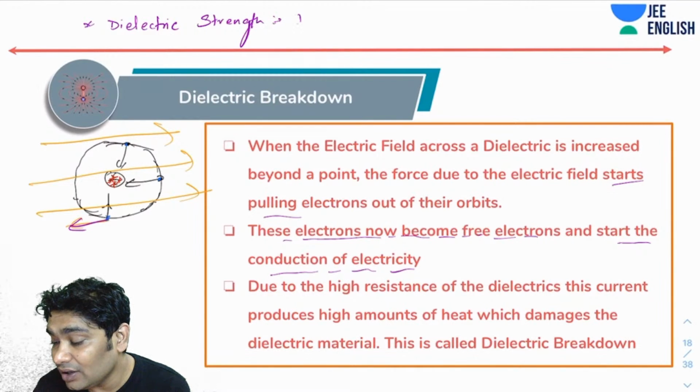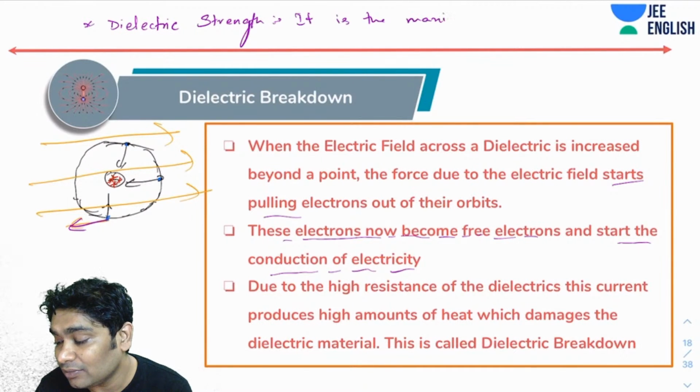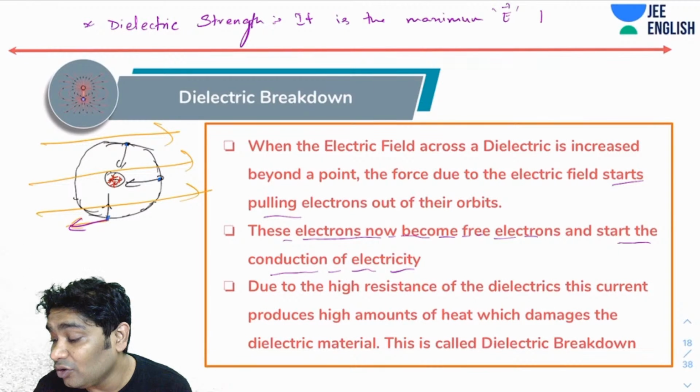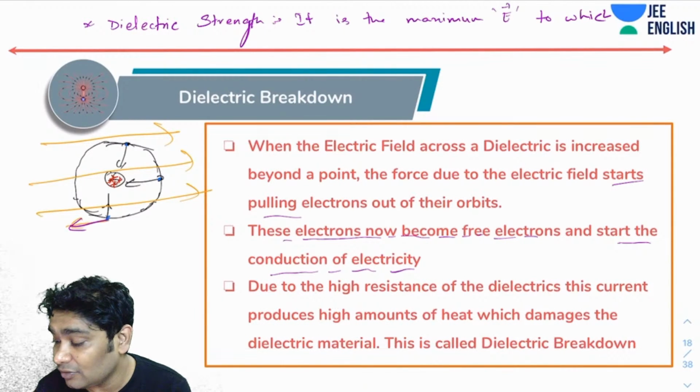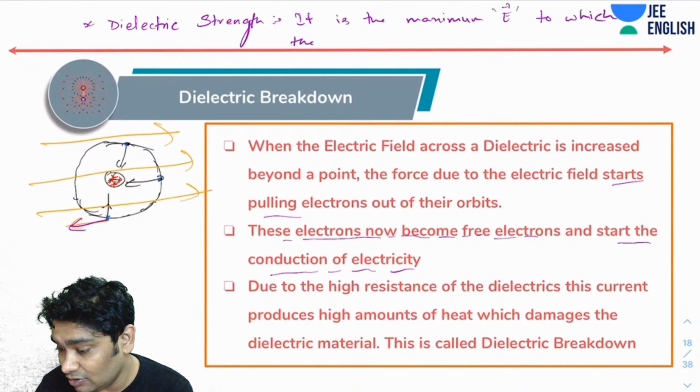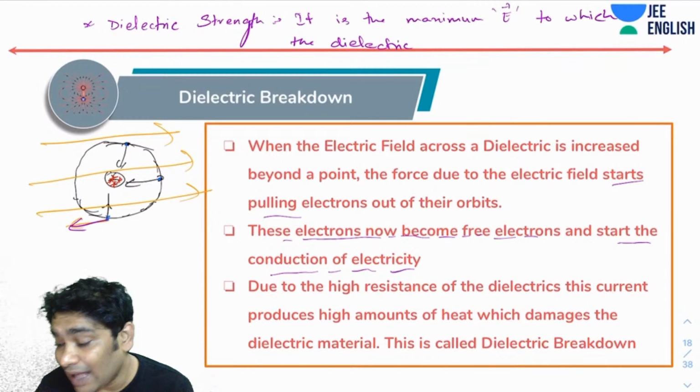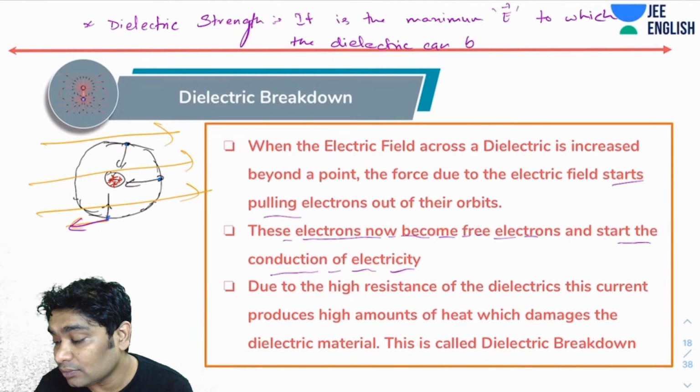Dielectric strength is the maximum electric field to which the dielectric can be subjected without causing its breakdown.